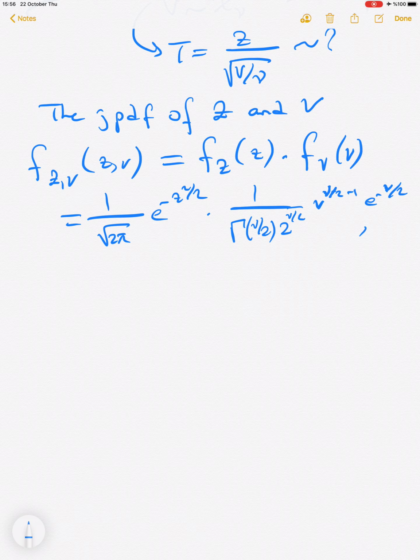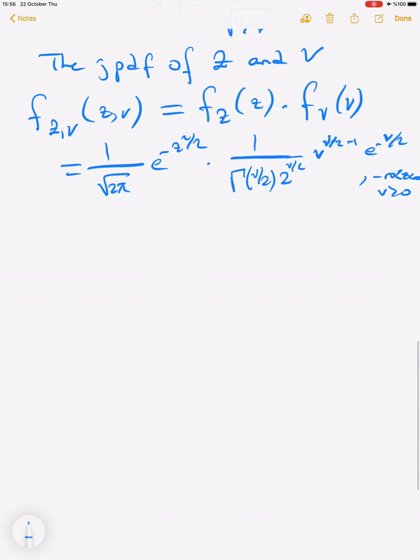The range of Z is from minus infinity to infinity, and the range of V is positive because it's chi-square. Then consider the transformation.